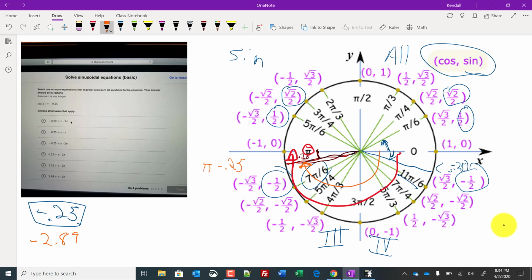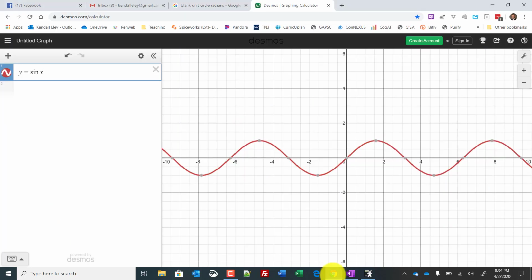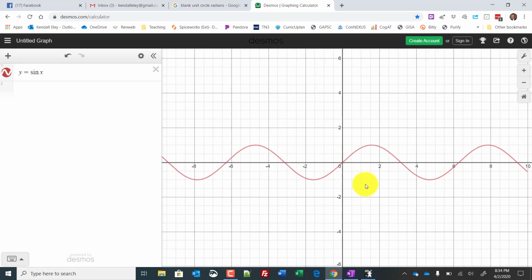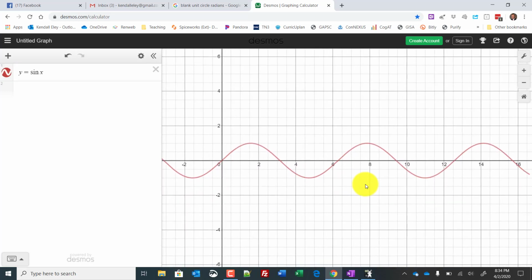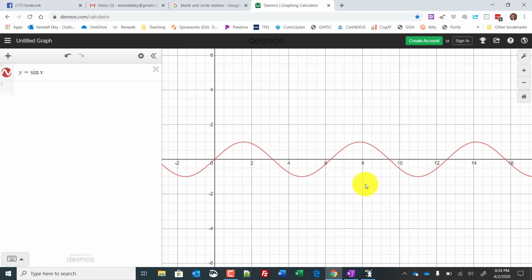But what does this n times 2 pi at the end of it mean? I want you to look at what the sine curve looks like. This is the sine curve right here, and notice that it is cyclical. By that I mean if we start right here at 0, and go all the way over to 2 pi, which is right here, that's one cycle. And if we move out to the right, we see that that cycle keeps repeating itself.